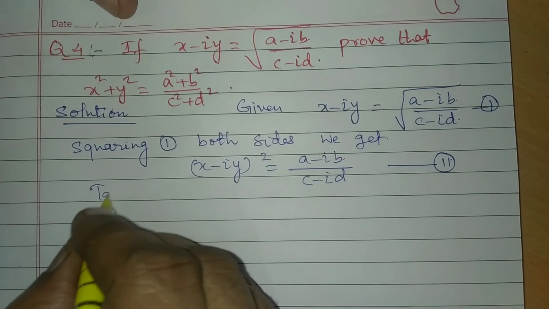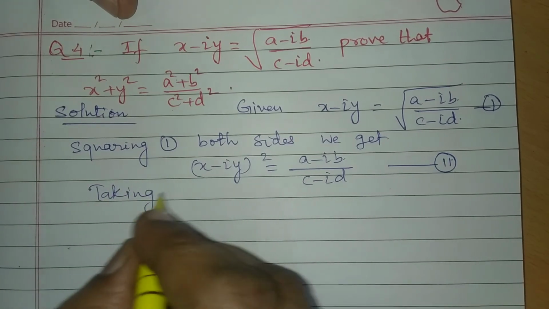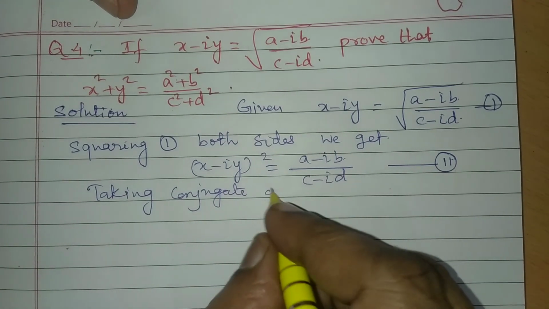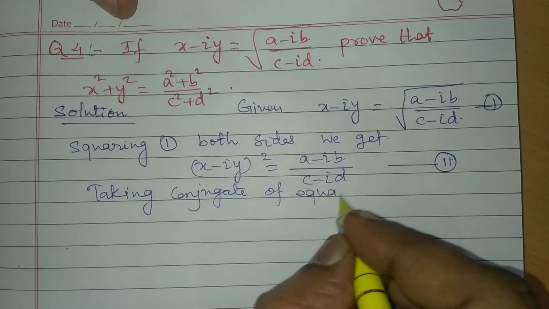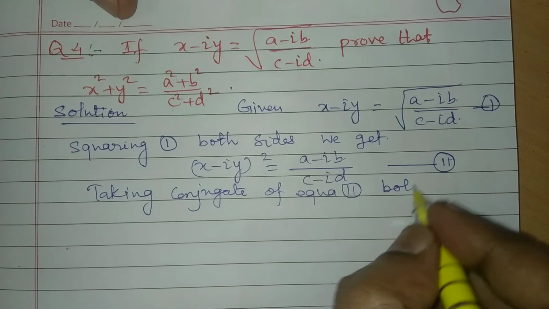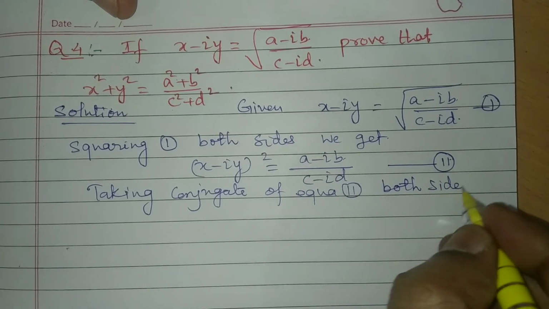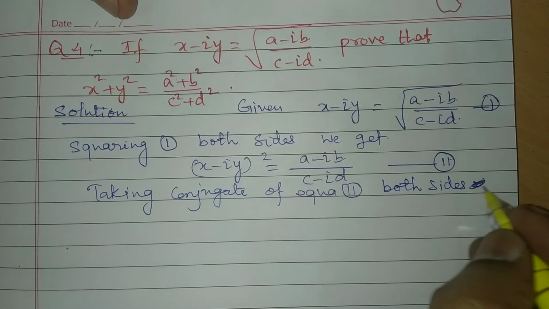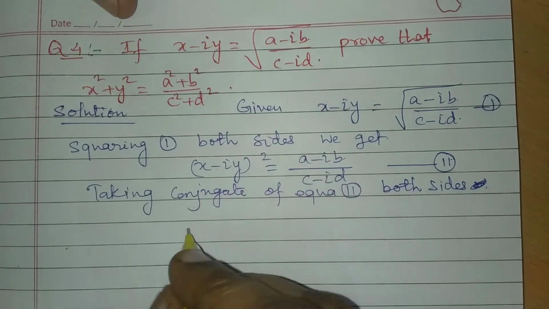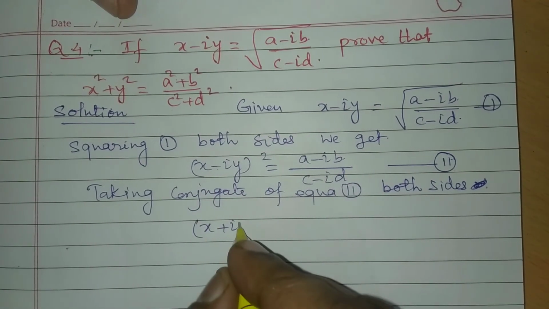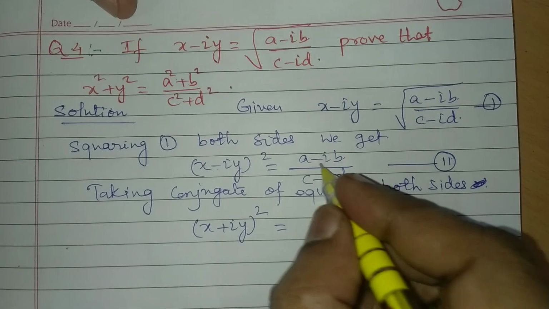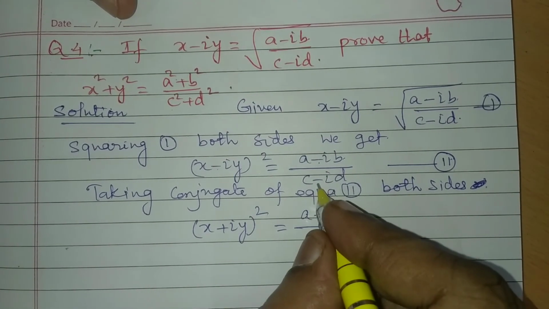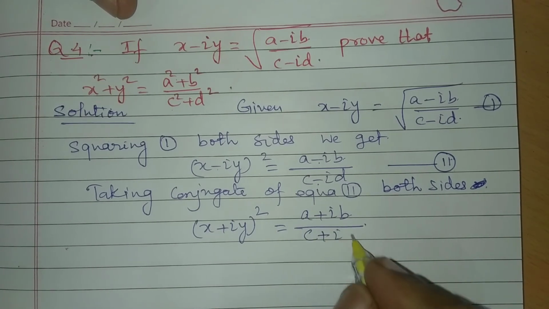Taking conjugate of equation 2 on both sides, you will have to take x plus iy whole square, and its conjugate will be a plus ib, and its conjugate will be c plus id.